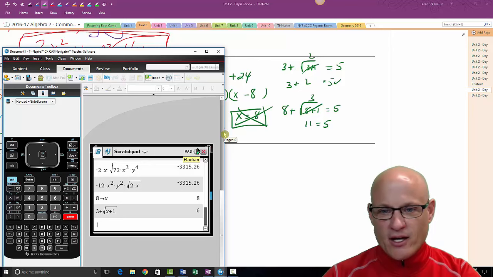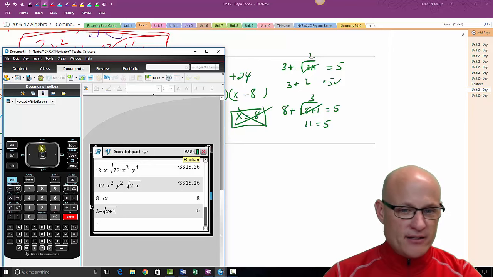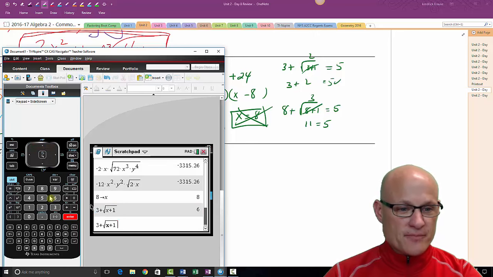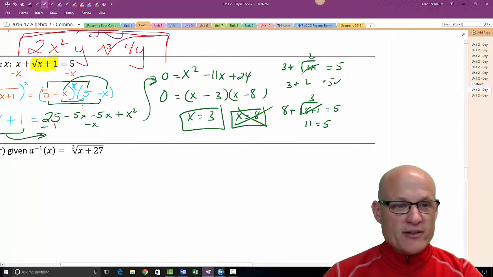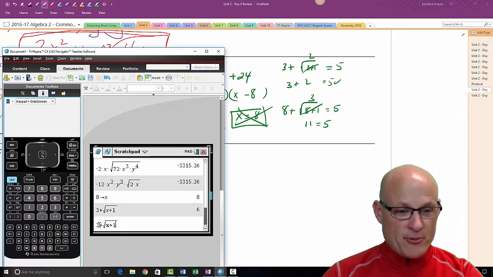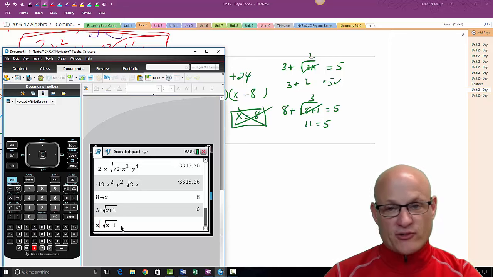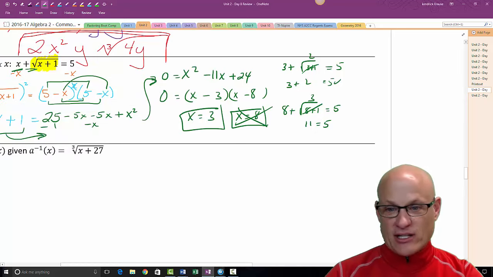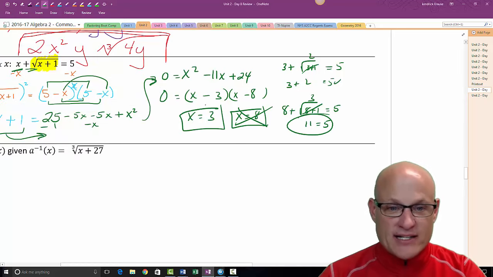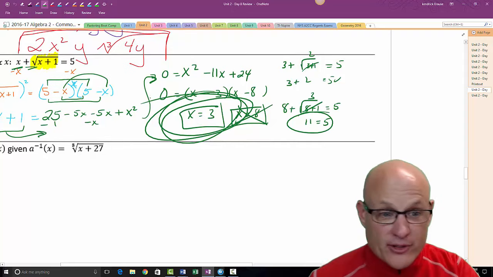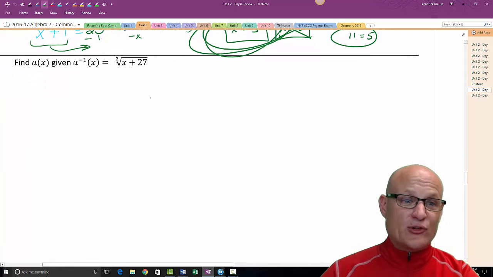Oh no, it's 8 plus 1, not 3 plus 1. Wait, the equation was x plus, so even though I put a 3 here, I should have put an x. So it is x plus the square root of x plus 1, hit enter, and I get 11. There's my answer. 11 does not equal 5, so that's not the answer, only 3. Remember, you could always get extraneous solutions.